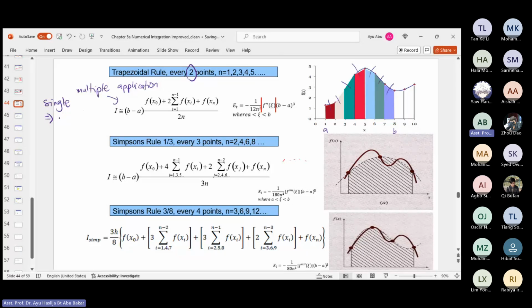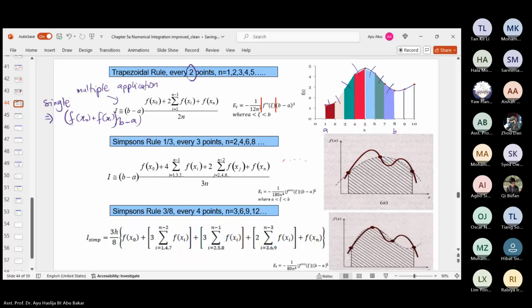What is the single application for trapezoid? f(x0) plus f(x1) times h, or b minus a, over 2.